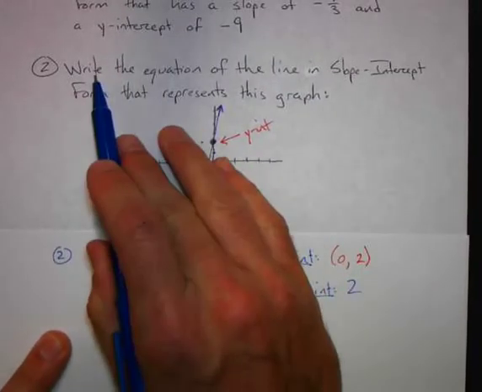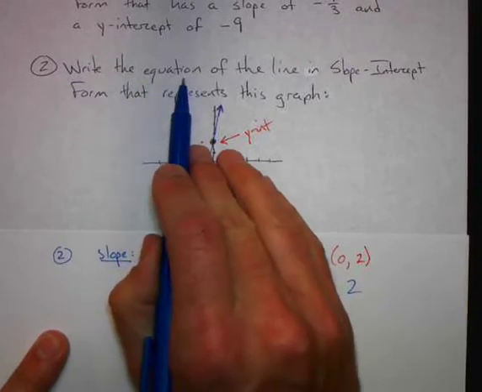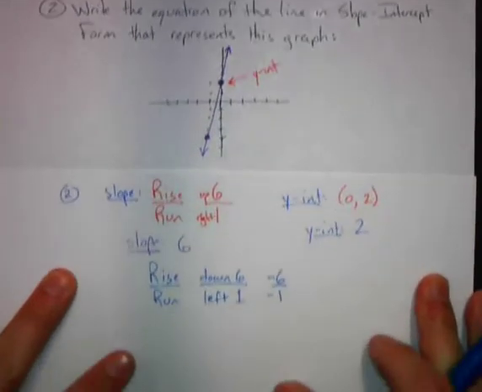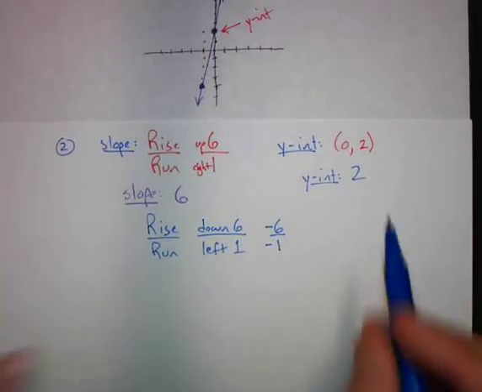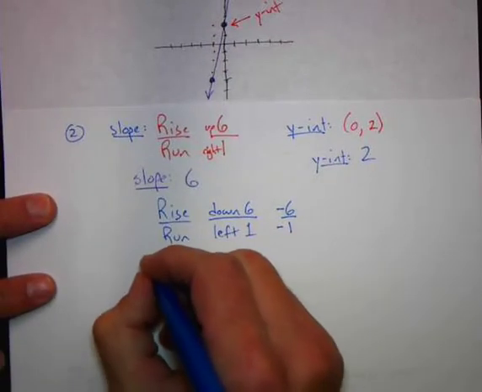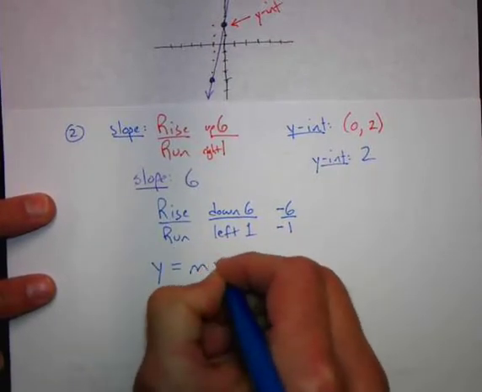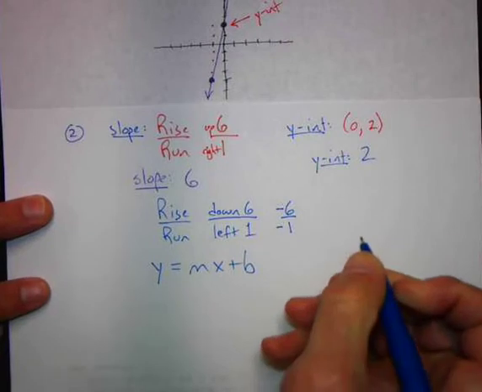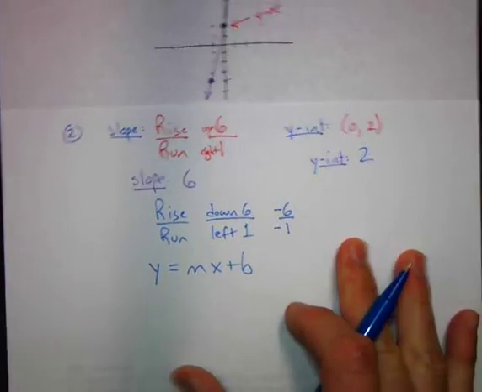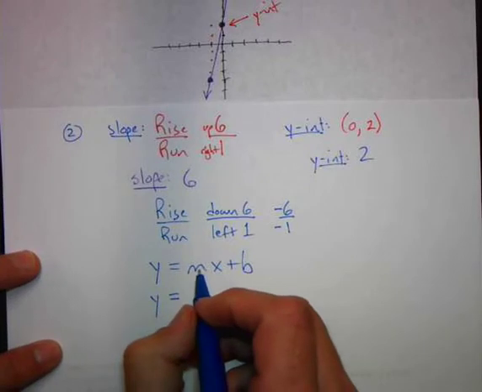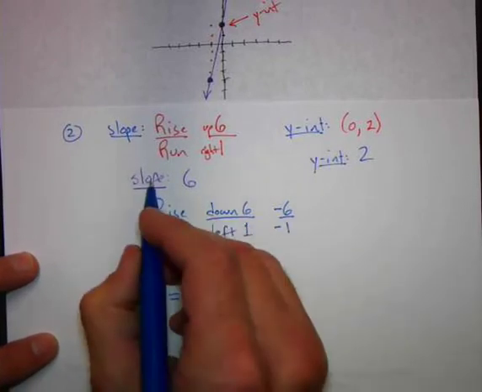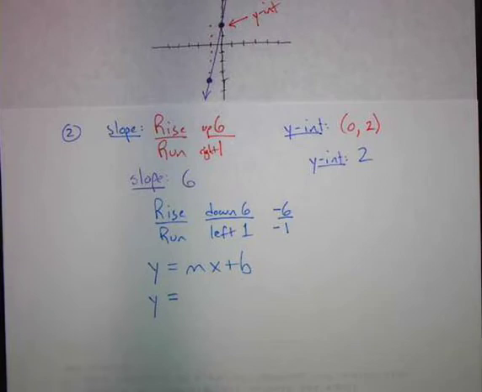So now, remember what we're trying to do here. We're trying to write the equation in slope-intercept form. We found our slope. We have our y-intercept. Can we write the equation in slope-intercept form? Well, remember slope-intercept form. Y equals mx plus b. So our y stays y, the equal stays equal. The m is the slope that we found. The slope that we found was 6. We substitute 6.